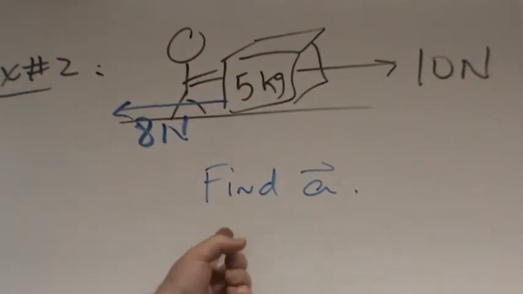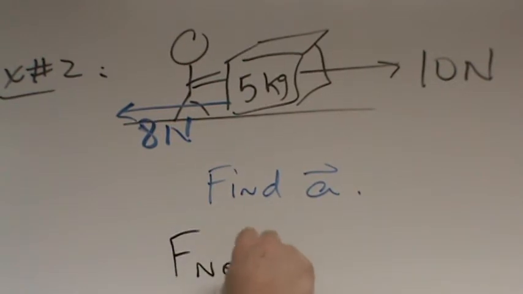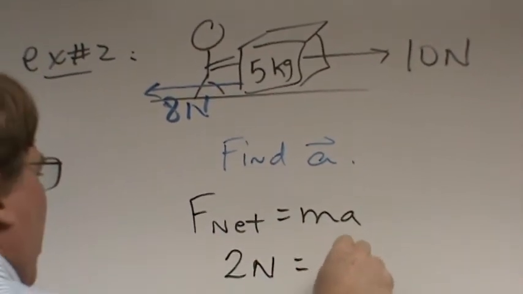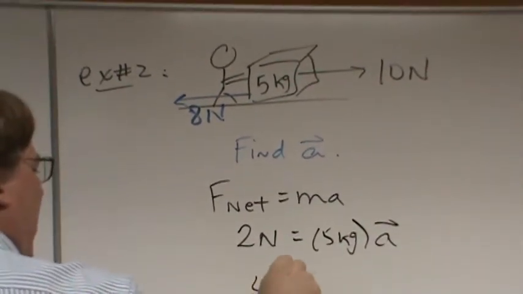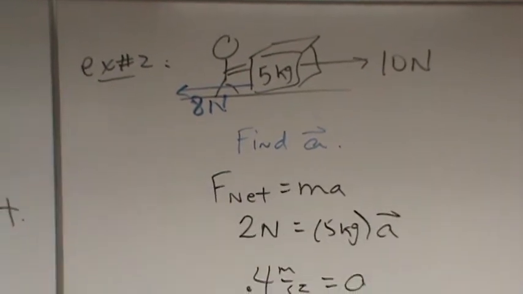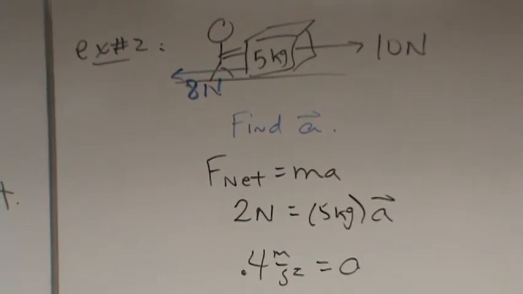Hey, are you guys getting that the net force is 2 newtons? Yep. So when you do net force equals MA, I got 2 newtons equals 5 kilograms times A. So are you guys getting 0.4 meters per second squared is A? Good. And please tell me, what's the direction of the acceleration? Is it to the left or to the right?